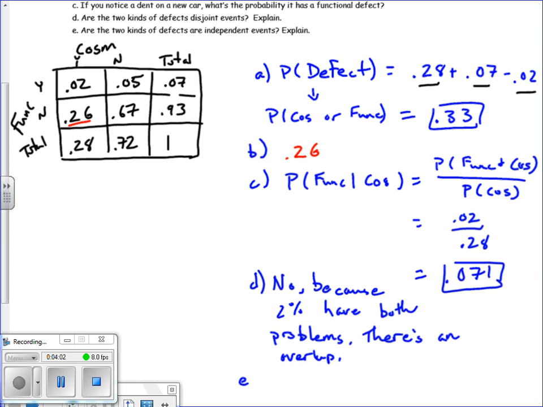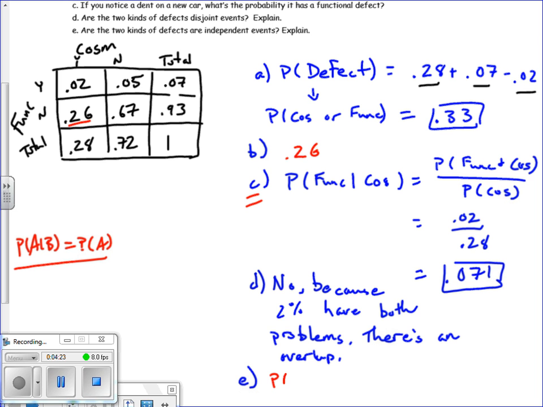All right. And then finally, are the two kinds of defects independent? And recall that independence, the probability of A given B would have to be equal to the probability of A. Well, up here in part C, we've already done a conditional probability. So why don't we take advantage of the work we've already done?